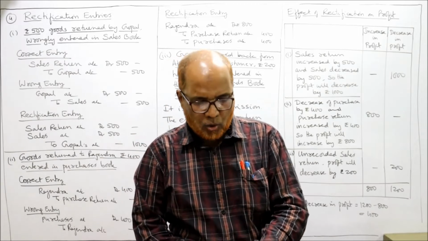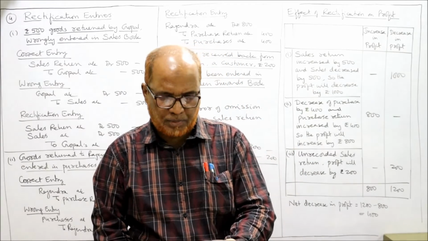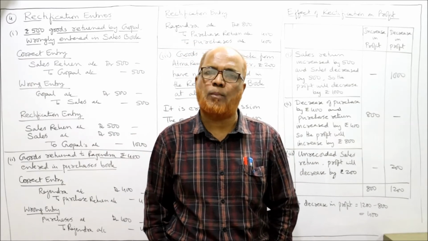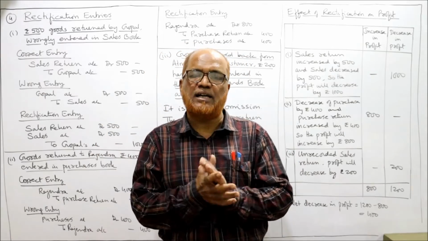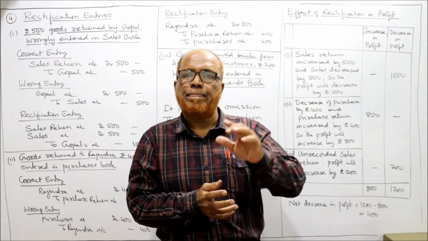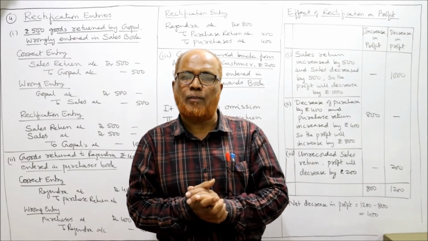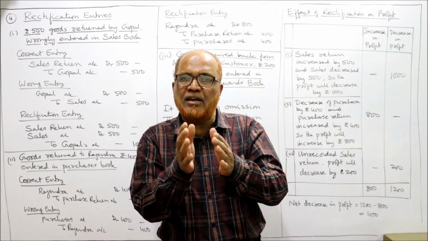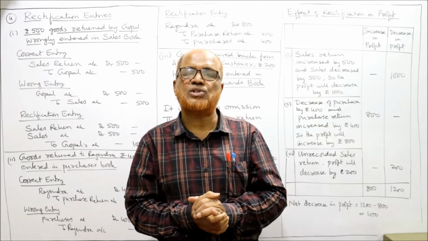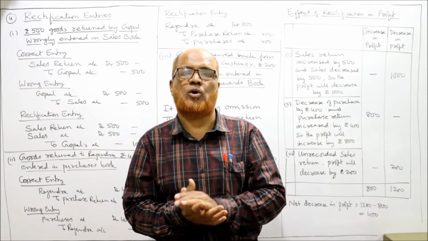So the error is rupees 500 worth of goods returned by Gopal. The correct entry will be sales return account debit to Gopal account. It should have been written in the sales return book, but by mistake it was recorded in the sales book.